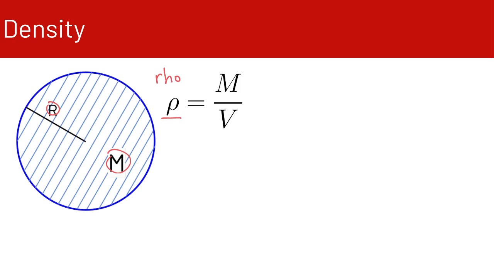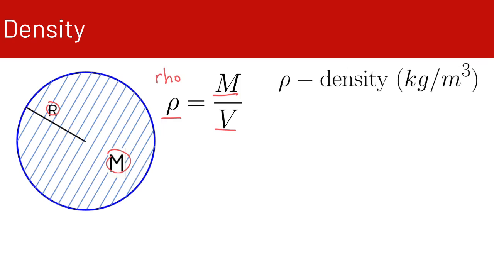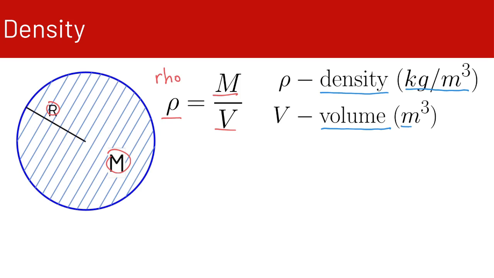So rho is equal to the mass of the object divided by its volume. So we have rho is equal to density, kilograms per meters cubed, and volume is V, which is meters cubed.